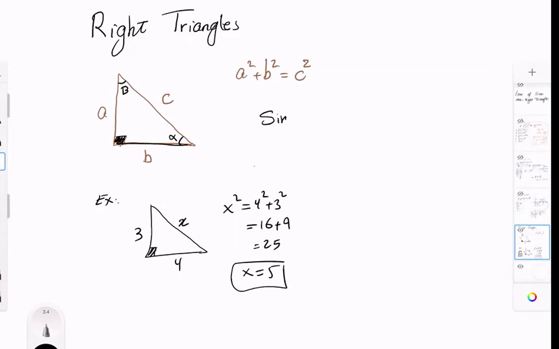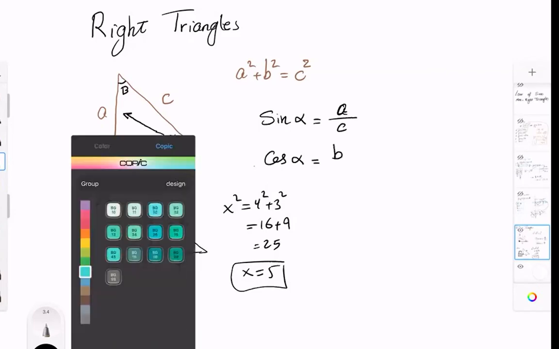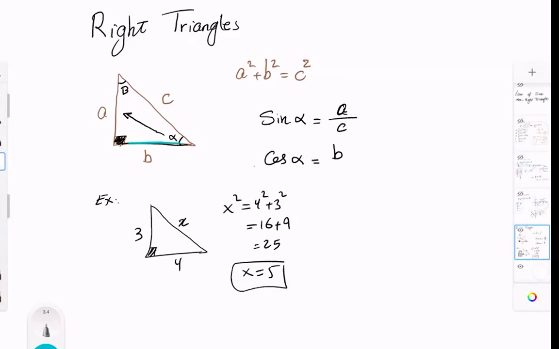Sine of alpha will be opposite to the angle alpha, A over hypotenuse, A over C. And cosine of alpha will be adjacent to alpha, so adjacent divided by hypotenuse.